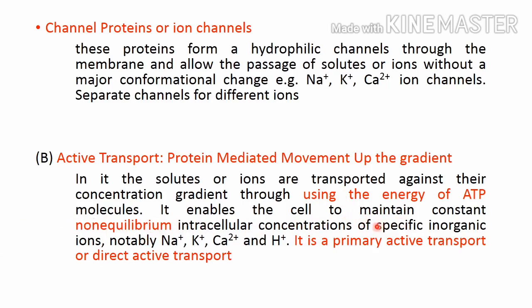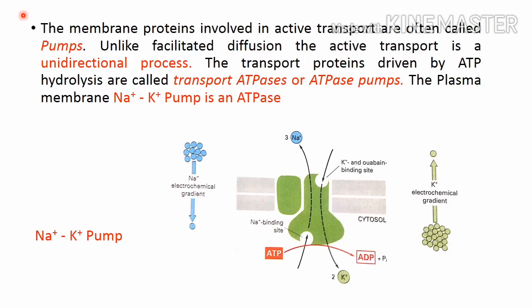The cell has to maintain a non-equilibrium, meaning a high or low concentration of any ions depending on its need in the cell, and this is done using ATP energy. Here the direct ATP energy is used, so it is called primary active transport or direct active transport of the ions or molecules.